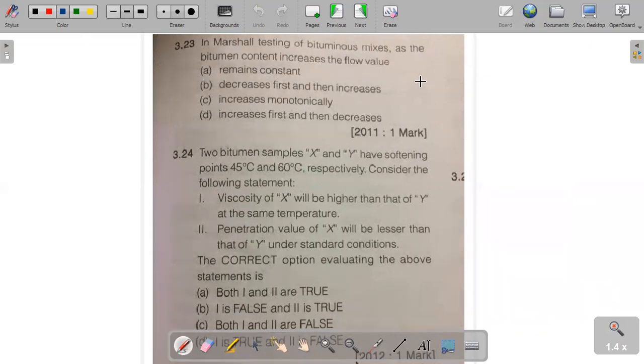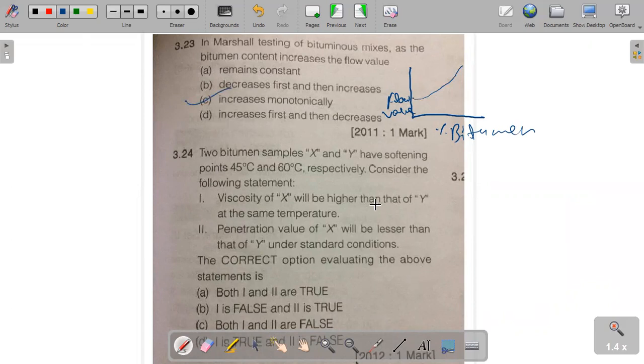If you remember the graph of the Marshall method, with flow value and percent bitumen content, it is something like this, that it increases monotonically.